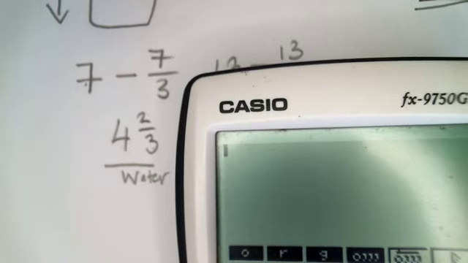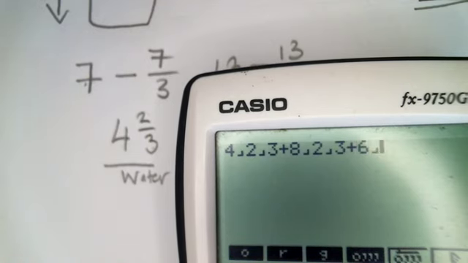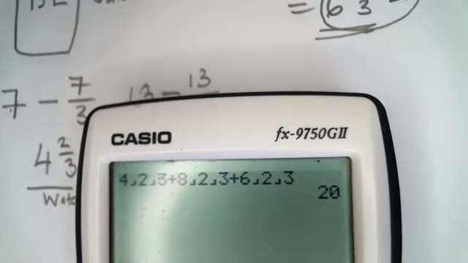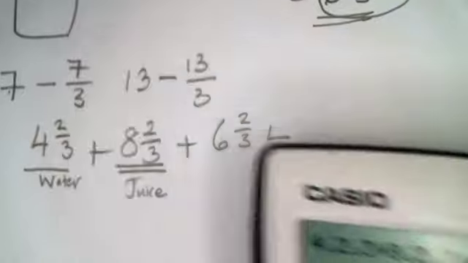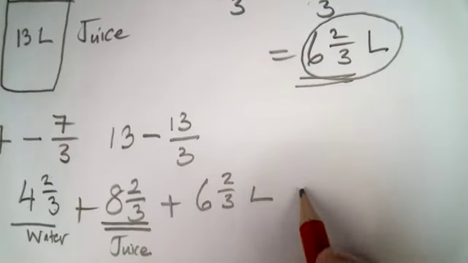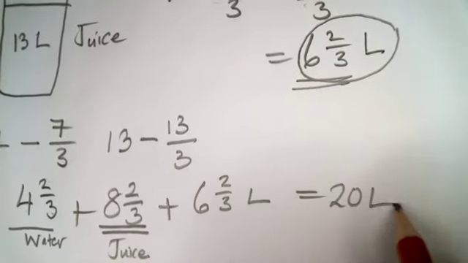Okay, so we've got 4 and 2/3. We also had 8 and 2/3. And we also had 6 and 2/3. And it's 20. Yes, the answer is 20. So we're right on the money there. So that all does come to 20. So that just verifies that we were correct.